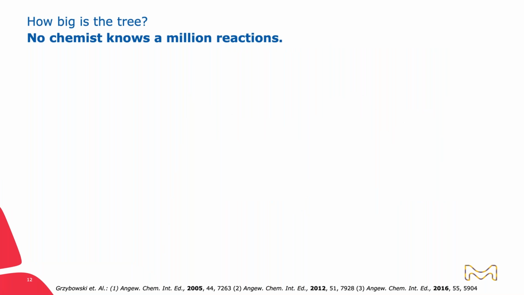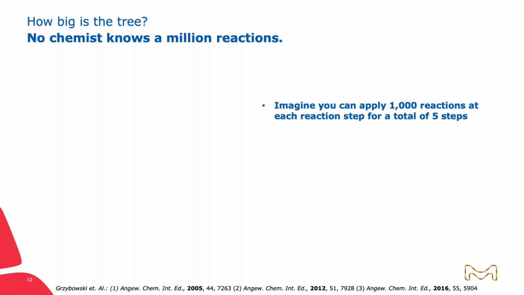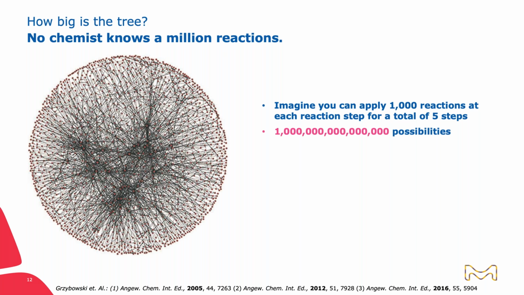So the other piece of how Synthia works is, once we have all of these possible transformations that you can do, how do we figure out what are the best overall paths? If we think about maybe 1,000 different reactions that could be applied at each step, and you have a 5-step synthesis, the total number of possibilities based on those combinations is a humongous, unmanageable number.